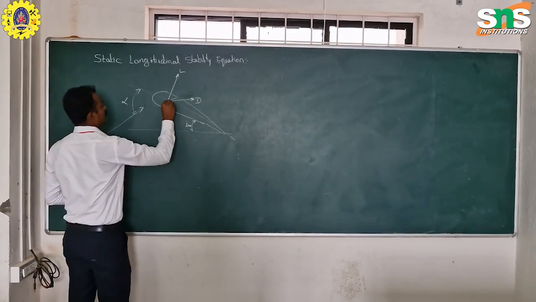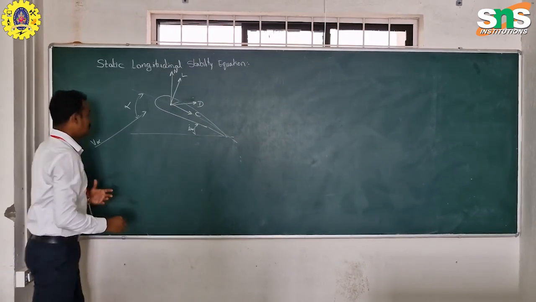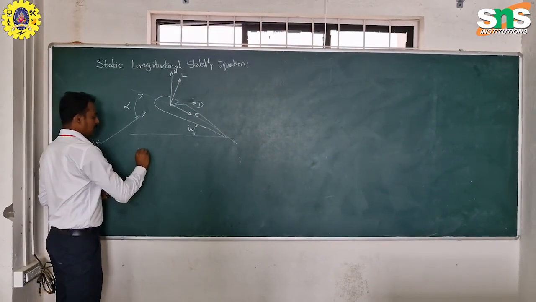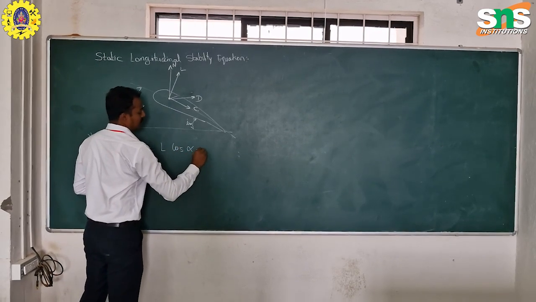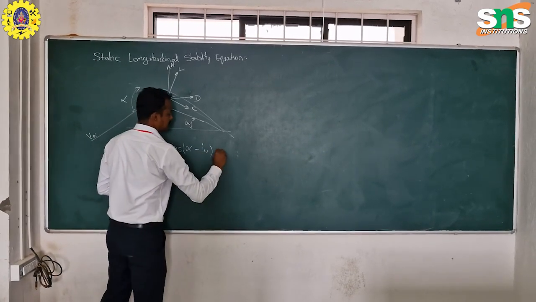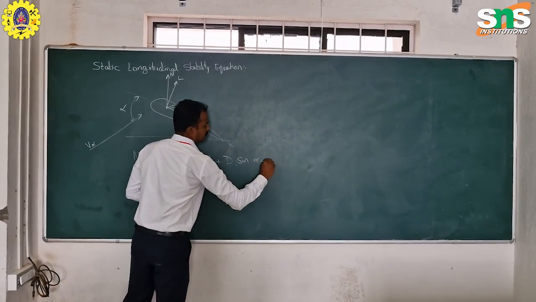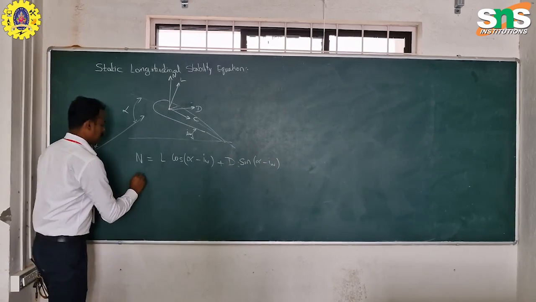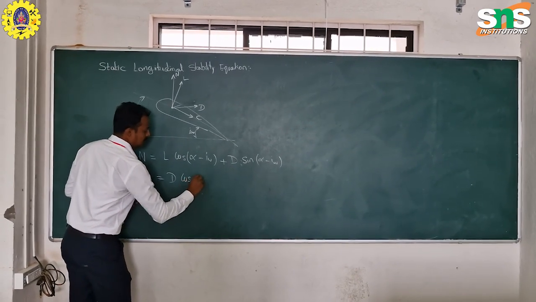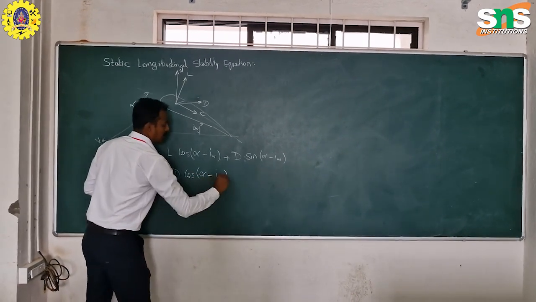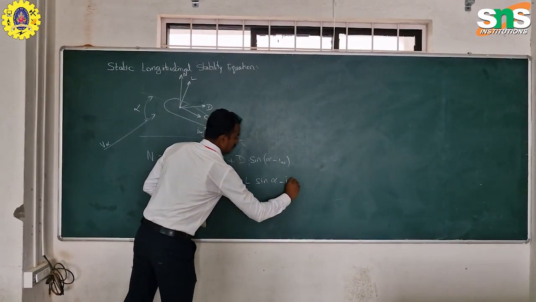If you resolve this into normal force and chordwise force, the normal force N equals L cos(alpha minus i_w) plus D sin(alpha minus i_w), and the chordwise force C equals D cos(alpha minus i_w) minus L sin(alpha minus i_w).